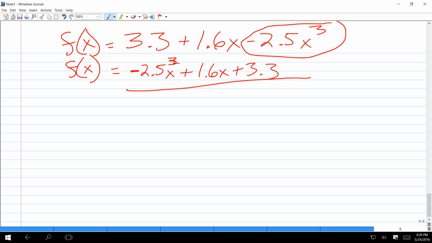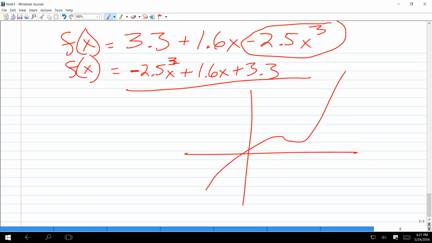It's easier if it's a quadratic, which is why I wrote x squared: it would be a parabola pointing down, and that's the only extremum right there. If it's a cubic, cubic functions tend to look like this. They're still functions, but notice that there's a local maximum right there and a local minimum right there.